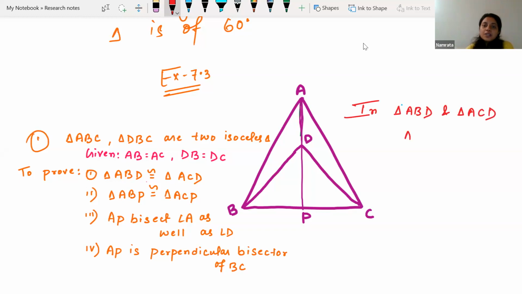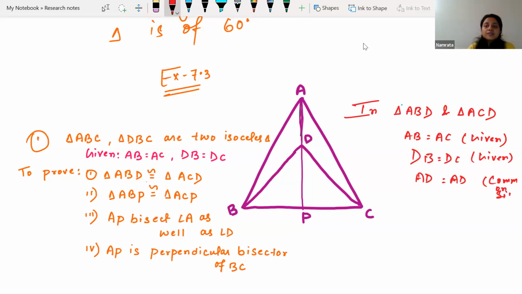We know that AB is equal to AC, given. We also know that DB is equal to DC. That too is given. And we have one common side, AD over here is equal to AD over there. That is common. So we can say triangle ABD is congruent with triangle ACD by the SSS congruency rule.